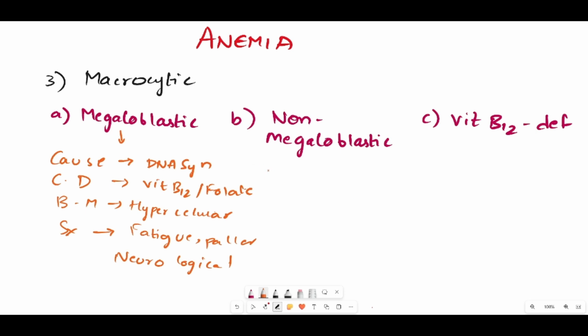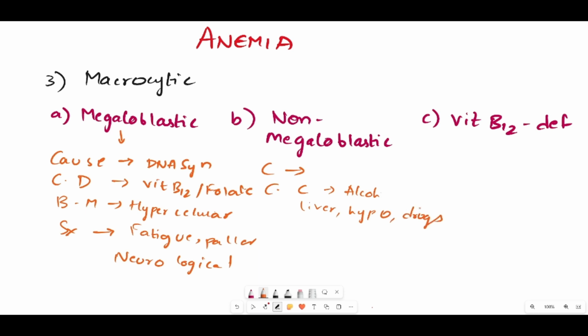Coming to non-megaloblastic anemia, here the main cause is not DNA synthesis. The common causes are alcoholism, liver diseases, hypothyroidism, or some other drugs.